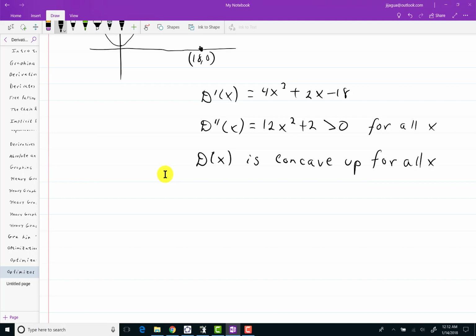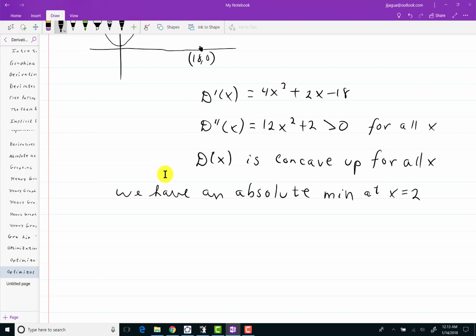The function is concave up throughout its entire domain. The one critical number will locate for us a local minimum. So if this is at the bottom of a concave up curve, it's got to be the absolute minimum. So we have an absolute minimum at x equal to 2.